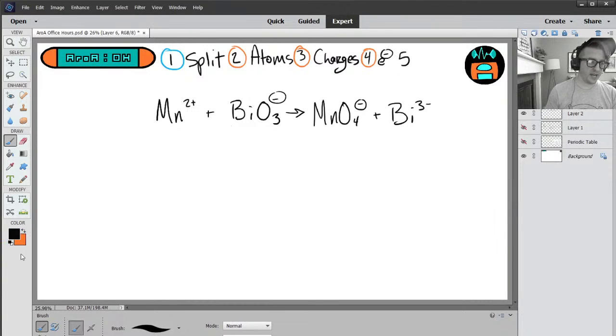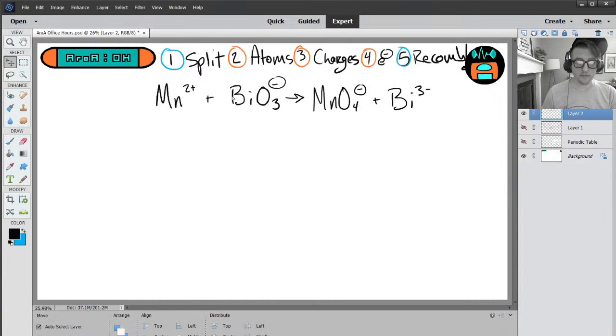And then step 5, you recombine. Those are the 5 steps of balancing using the half reaction method.